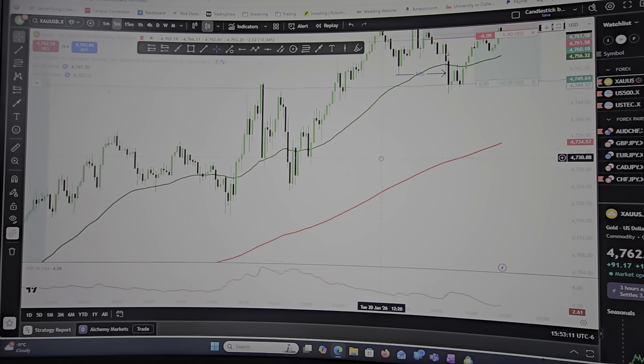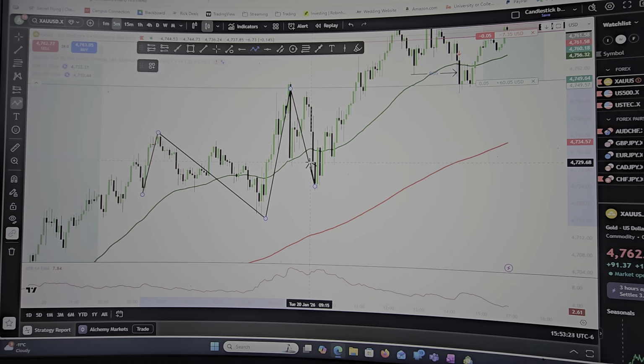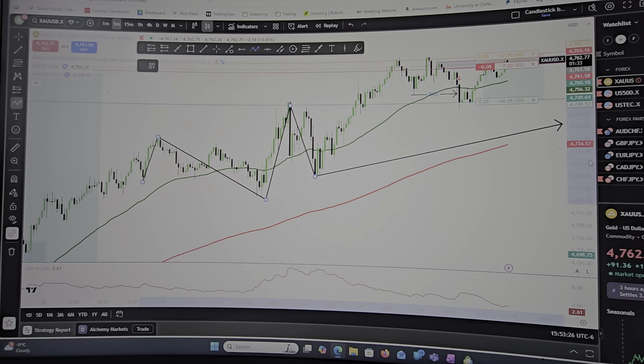If I can use my drawing tool, it's been going high, made a low, made a high, made a low, made a high, made a low, made equal highs, and then broke that low.